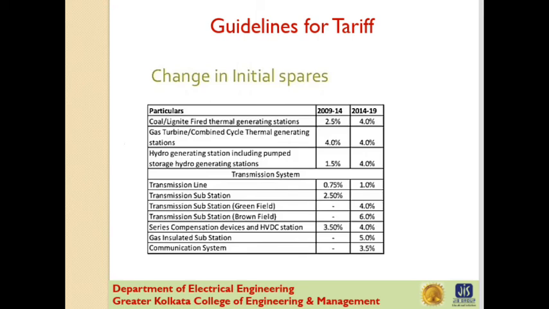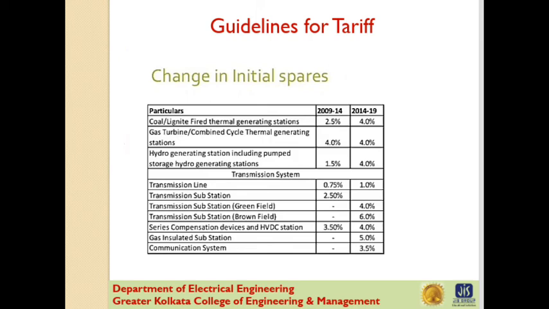Transmission line 0.75% for 2009 to 14 and 1% for 2014 to 19. Transmission substation 2.5% for the period of 2009 to 14. Transmission substation greenfield is 4% for 2014 to 19. For brownfield it is 6%.